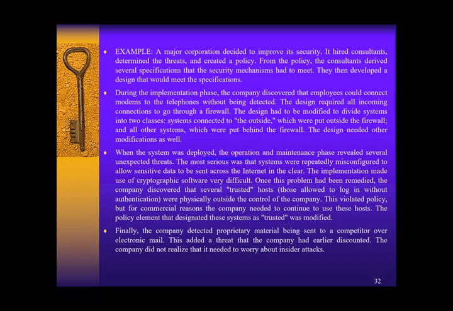This violated policy, but for commercial reasons, the company needed to continue to use these hosts. The policy element that designated the system as trusted was modified. Finally, the company detected proprietary material being sent to a competitor over electronic mail. This added a threat that the company had earlier discounted. The company did not realize that it needed to worry about insider attacks.